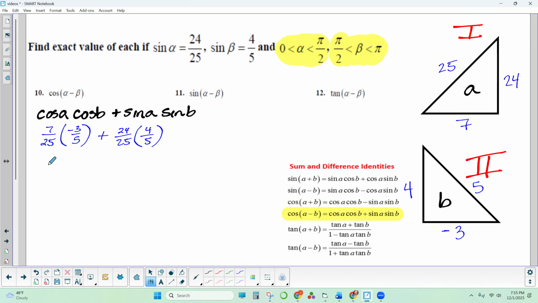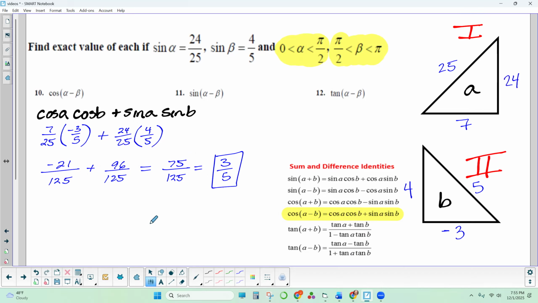So this is going to be negative 21 over 125 plus 24 times 4, which is 96 over 125. Combine these fractions together and I get 75 over 125, which can be simplified to 3/5.